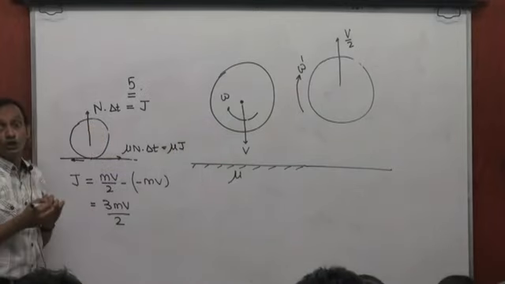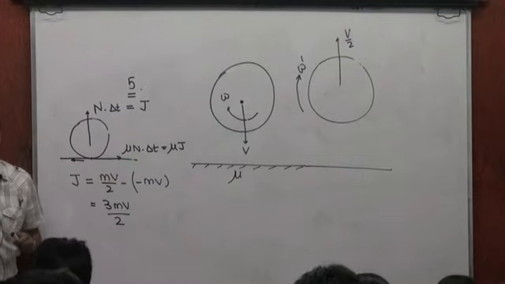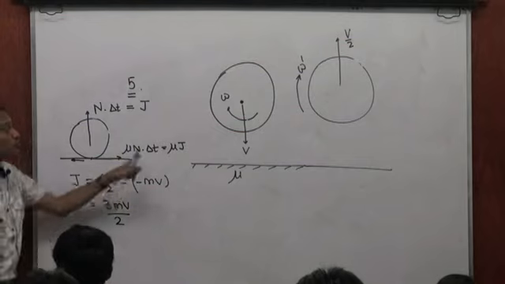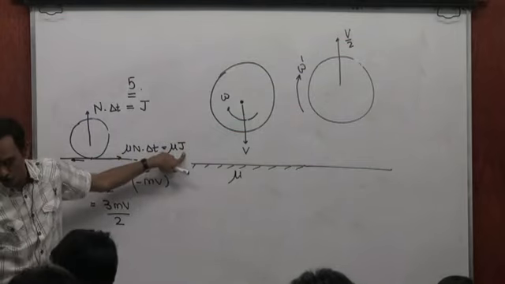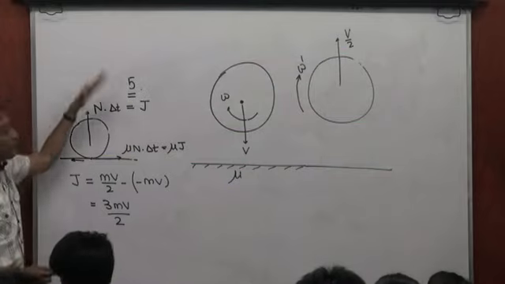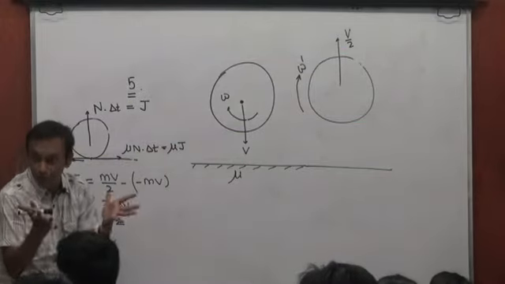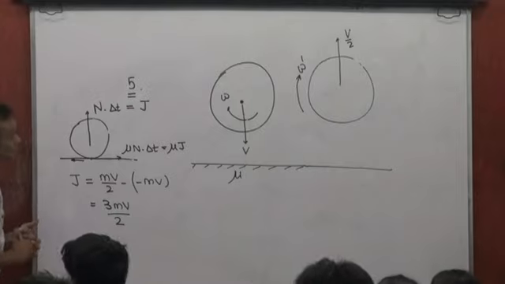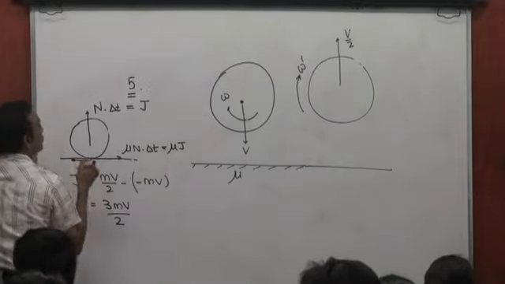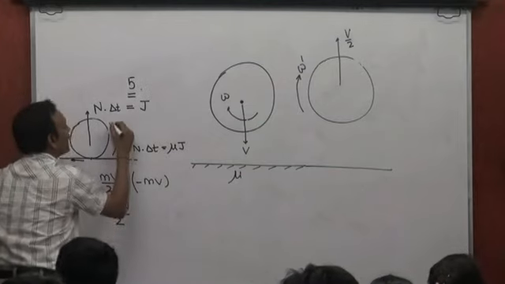Mu J becomes the frictional impulse, right? J is the impulse of the normal force, mu J is the impulse of the frictional force. Now, this impulse mu J in this direction produces an angular impulse.